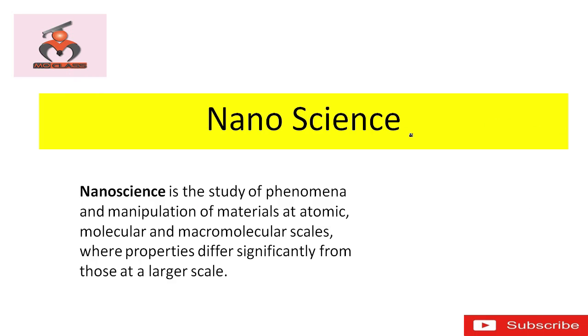Let us discuss nanoscience. Nanoscience is the study of material on a very small scale. Material size may range from 1 nanometer to 100 nanometer. We will study the unique characteristics of the material when we analyze material properties at the nanoscale.